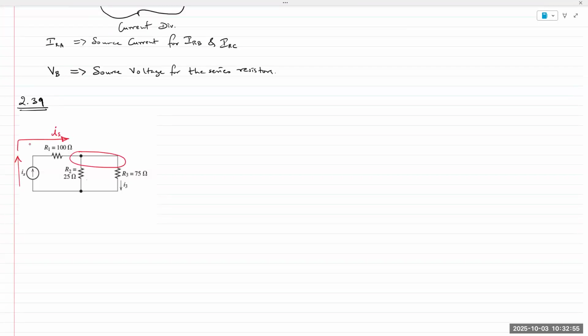Let's say it gets divided into I2 and I3. I3 comes through here, and I2 is also coming into the node, and then they combine to form IS again.